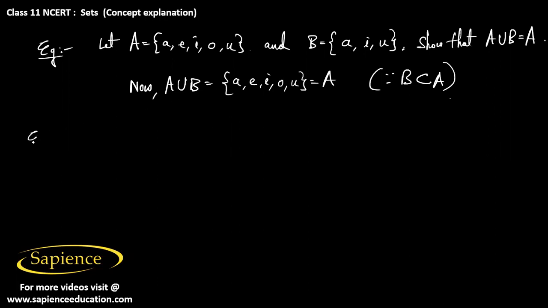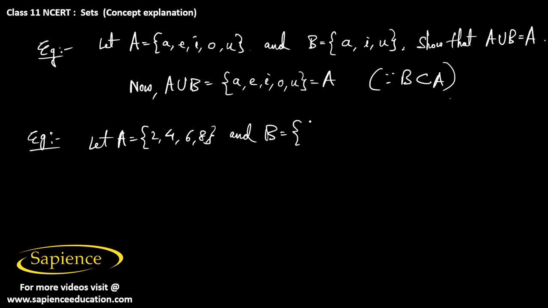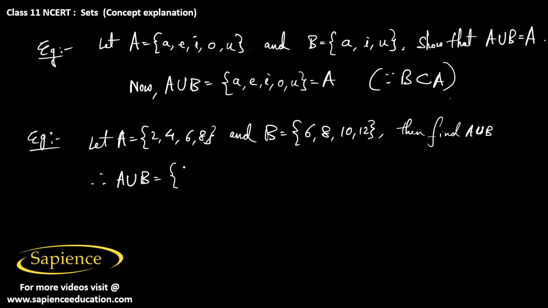Then one more example. Suppose let A be a set which contains the elements 2, 4, 6, 8, and B is the set which contains the elements 6, 8, 10, 12. Then we have to find A union B. So A union B will be equal to 2, 4, 6, 8, 10, 12.